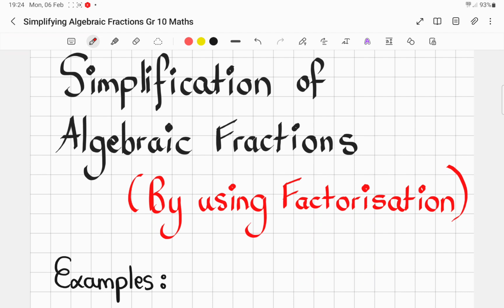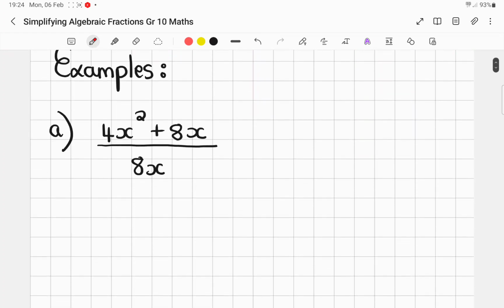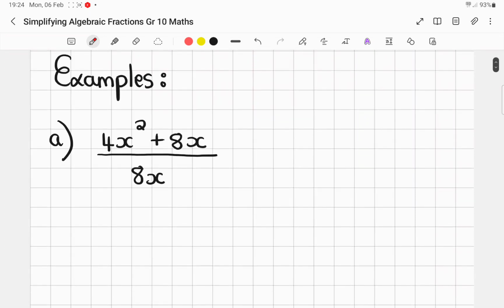All right, so up to now, maybe your teacher said simplify the following by the use of factorization. After this, we shouldn't really tell you this. You should know this. You always ask, can I factorize? Can I take one step back to take two steps forward? All right, so let's start with examples. Over here, we cannot just go and delete those two 8x's.